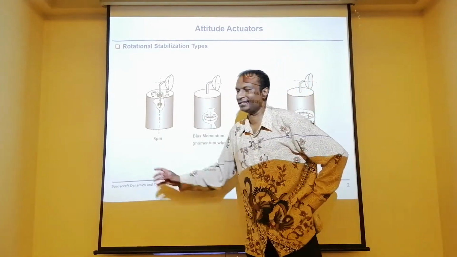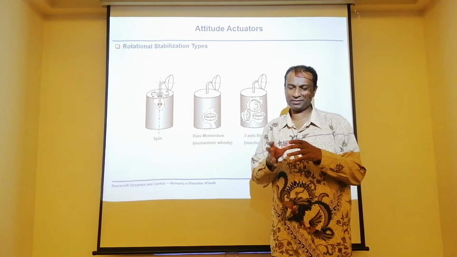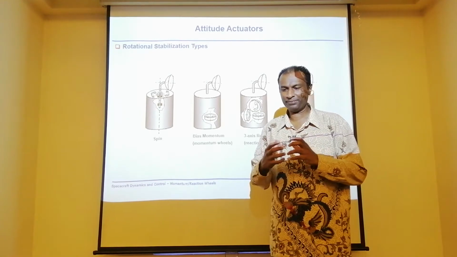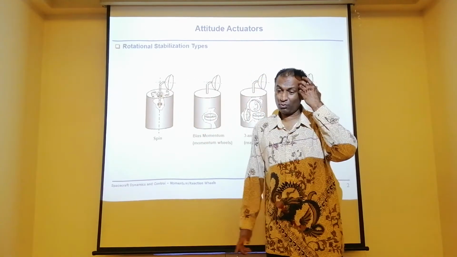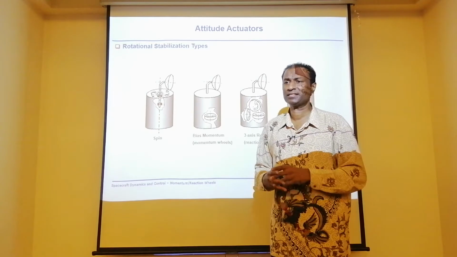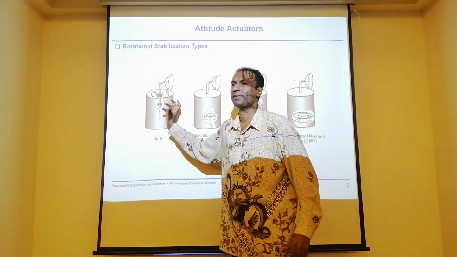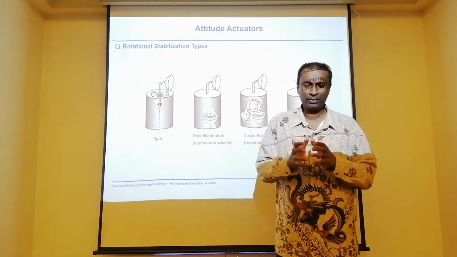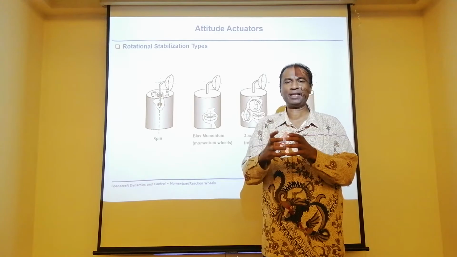So satellite designers found that it's so boring to only have spinning satellites. The cylinder is spinning, but by the end of the day I still have to take care of the pointing. So why not make something spinning inside to produce the angular momentum? When we throw a spinning top and it spins very fast, what happens?